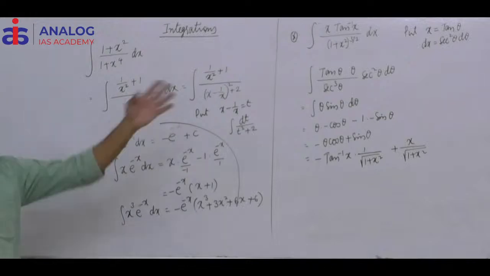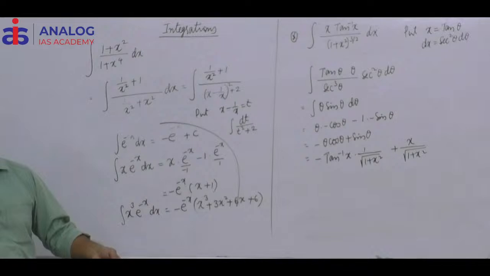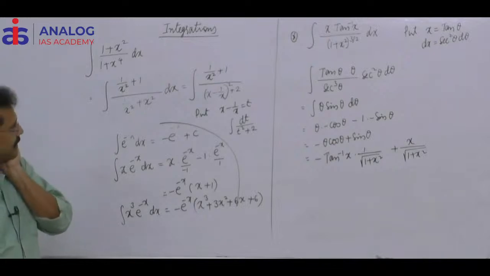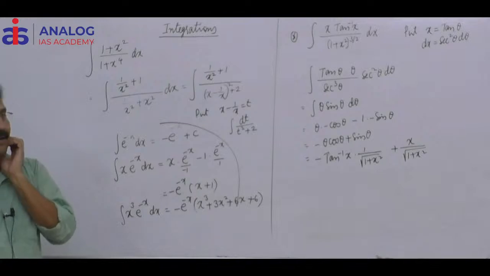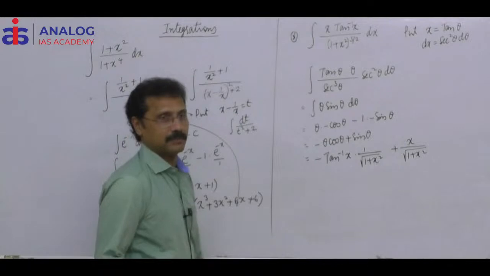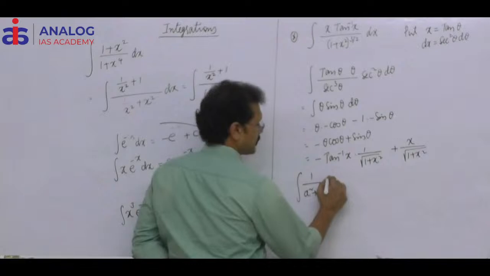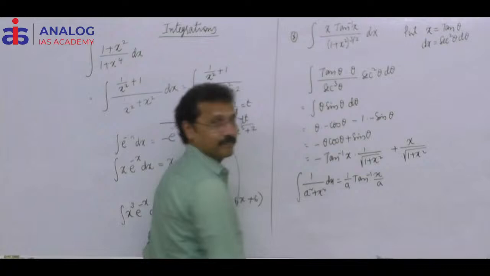So 1 by a square plus x square formula, the integral of 1 by x square plus a square formula. What formula am I asking? One by a tan inverse x by a. Integral of 1 by a square plus x square or x square plus a square is 1 by a tan inverse x by a.